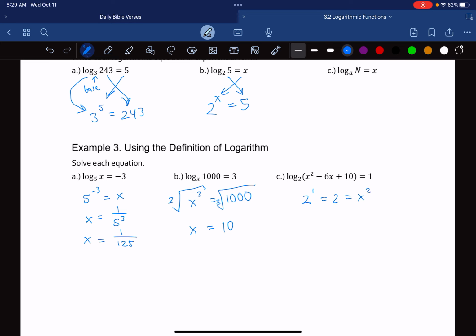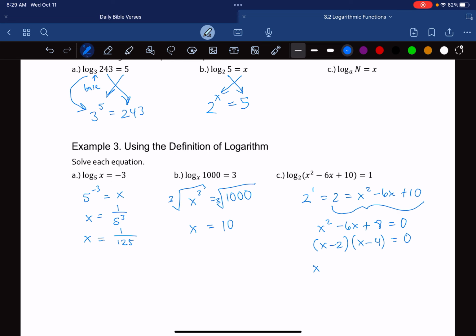Which has to equal x squared minus 6x plus 10, which means we can solve for that. So let's subtract 2 from both sides: x squared minus 6x plus 8 equals 0. Now that's something we can factor. So x minus 2 times x minus 4 works there because -2 times -4 is 8, and -2 plus -4 is -6, which means we get x minus 2 equals 0, which gives us x equals 2, and x minus 4 equals 0 gives us x equals 4.